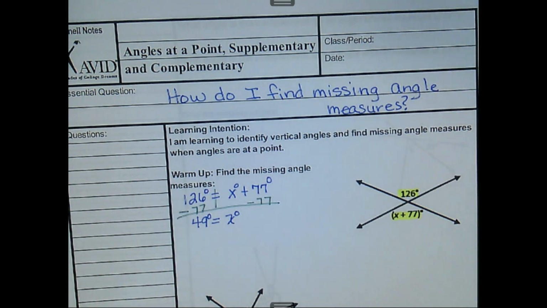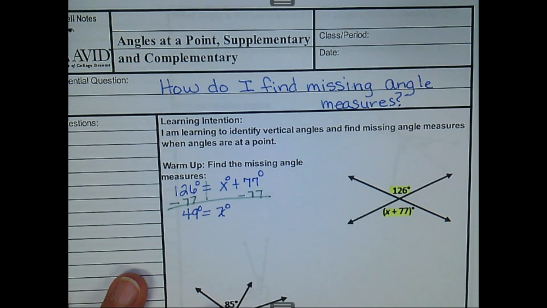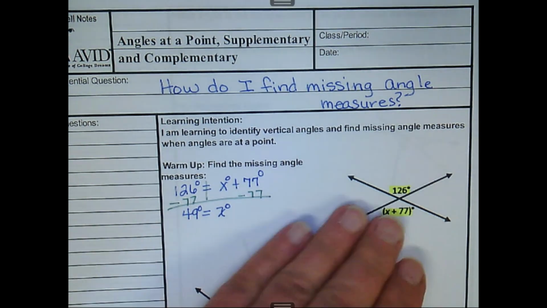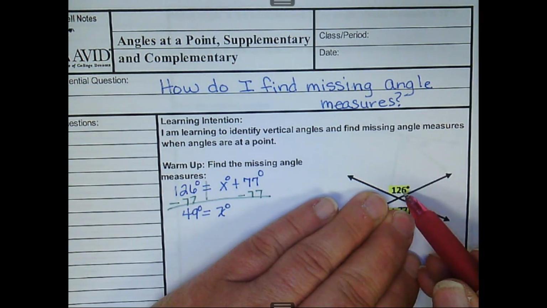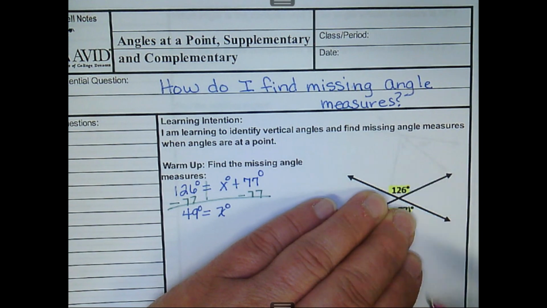Okay, intersecting lines. Now, the next question is, what do we know about a line? Well, it goes straight and it has how many degrees? 180. So this is 126 plus something gives me 180.